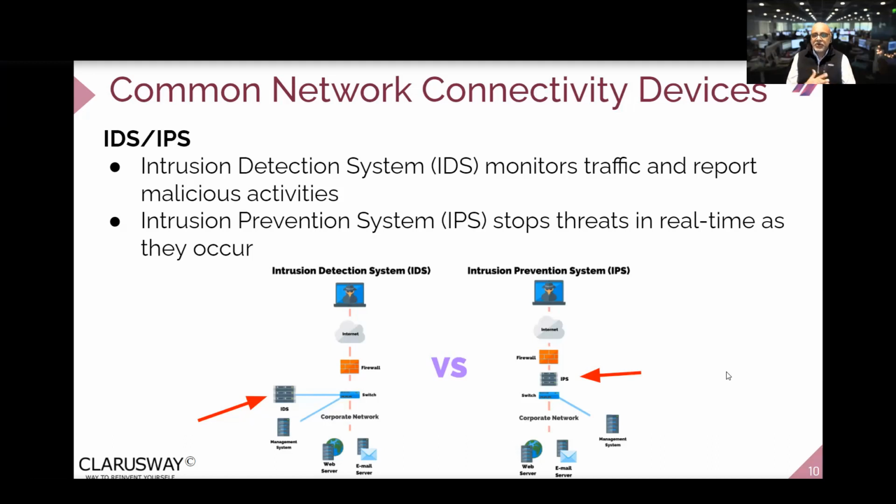Okay, so it's sufficient for you to know that a firewall is protecting you based on port, protocol, and IP, and IDS and IPS is protecting you based on advanced logic, deep packet inspection. If you understand it to that extent, that's more than enough for you to know.